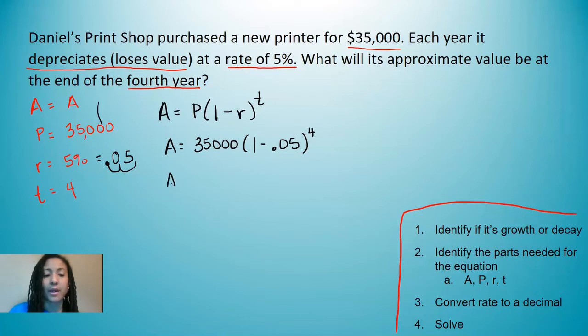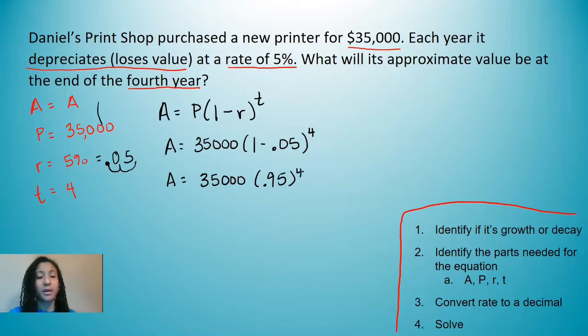So we have A is equal to 35,000 times 0.95 to the 4th. Now from here is just strictly calculating.